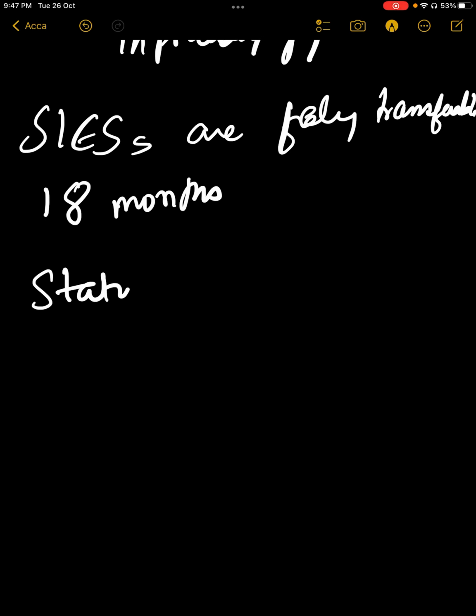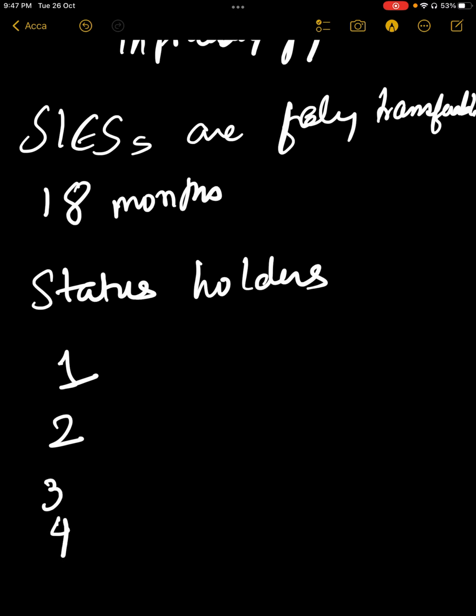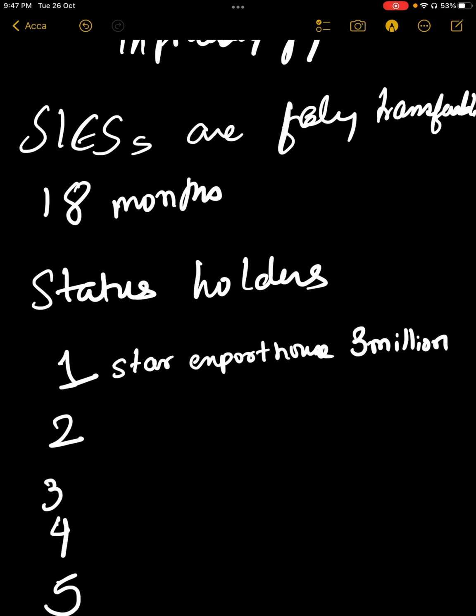Now we will study about status holders. We have 1 star, 2 star, 3 star, 4 star, 5 star. To become a 1 star export house, you have to export 3 million US dollars FOB or FOR during current and previous year.